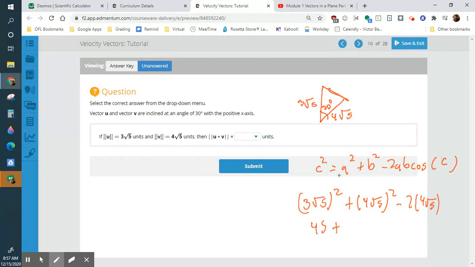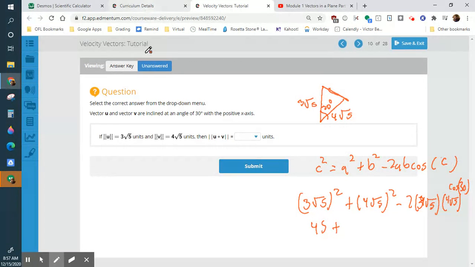Square root 5. Oh, speaking of staying consistent. And then times cosine of 30. And cosine of 30 should give me a fraction. All right, so this would end up being 16 times 5. So what I did here is I kind of skipped the step. 3 times 3 is 9. Square root of 5 times square root of 5 is 5, so that's 45.